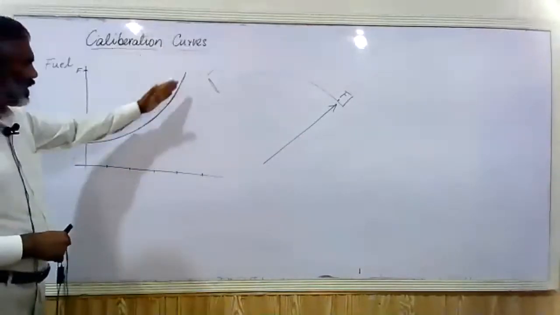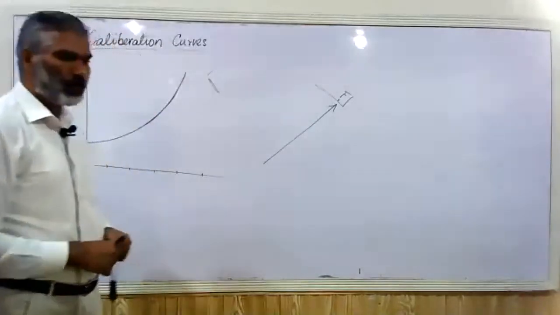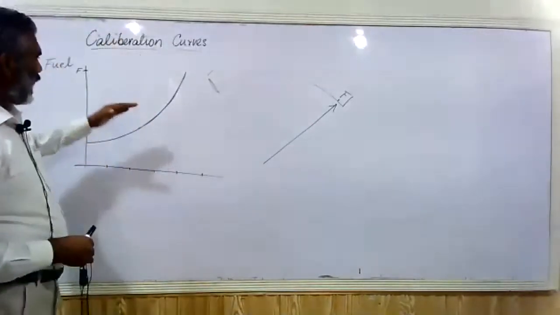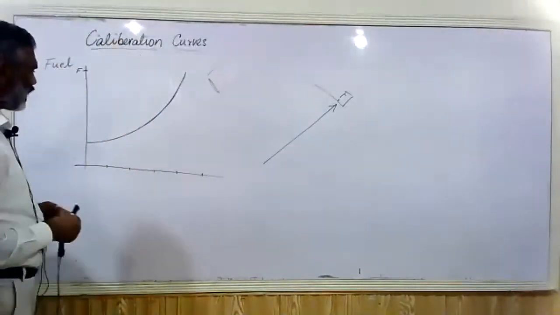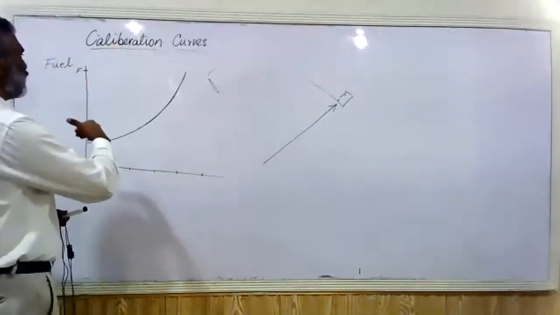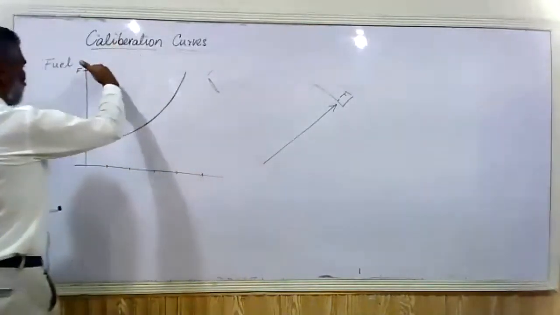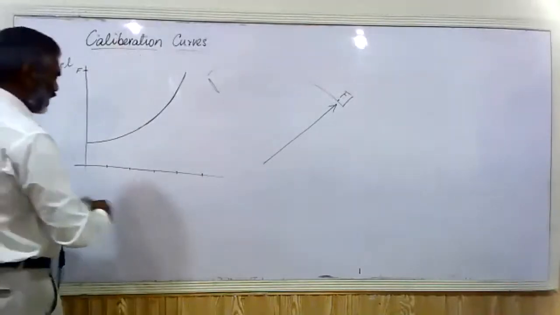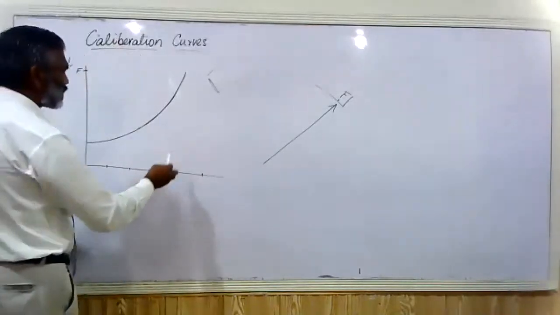This clearly indicates that the size of the divisions on this scale will not be the same. As you consume the fuel, clearly you see the deflection will be small initially.